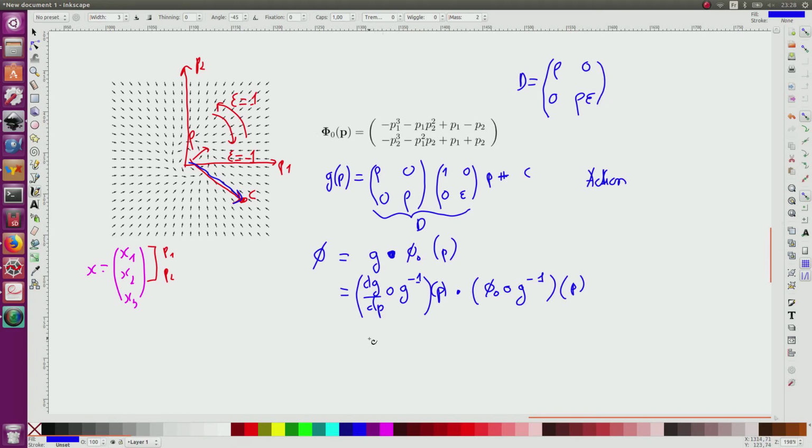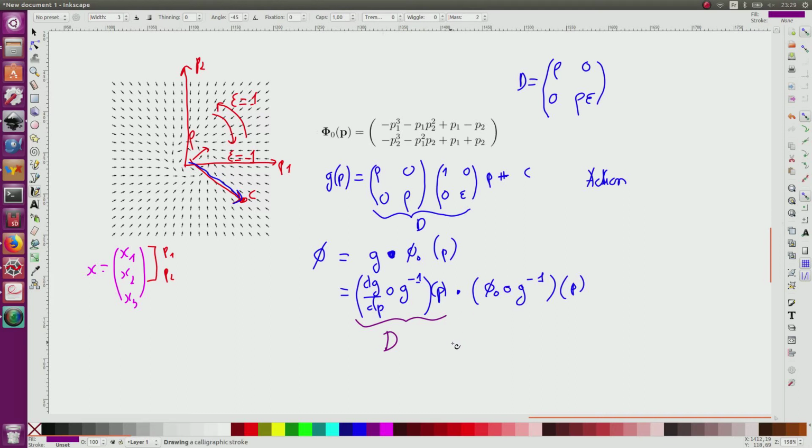Then I obtain, since the derivative of J, which is affine, does not depend on its argument, this one corresponds to D here, the derivative with respect to P.